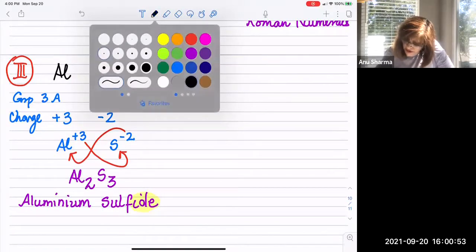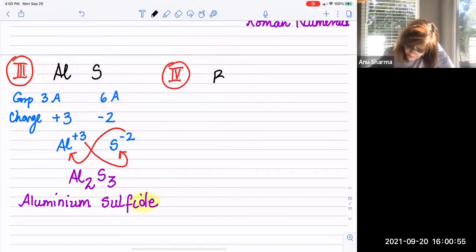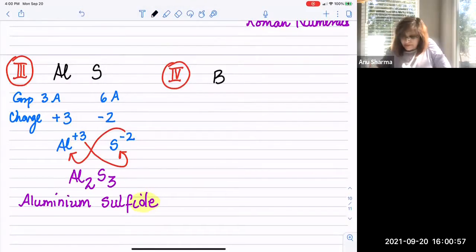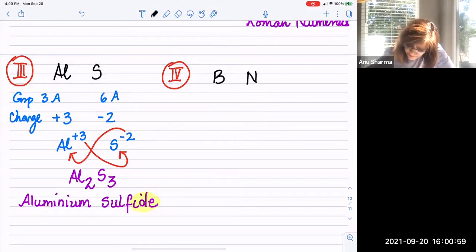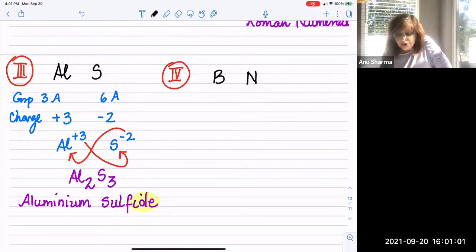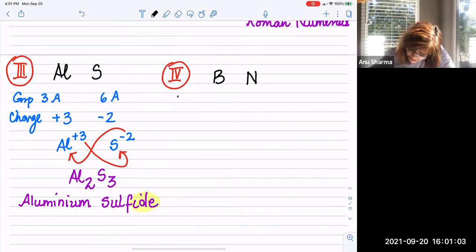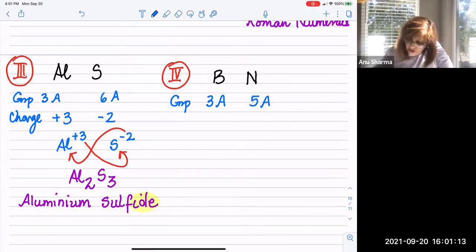Let's do boron with nitrogen. The group number of boron is 3A, nitrogen 5A, charge on boron +3, charge on nitrogen -3.